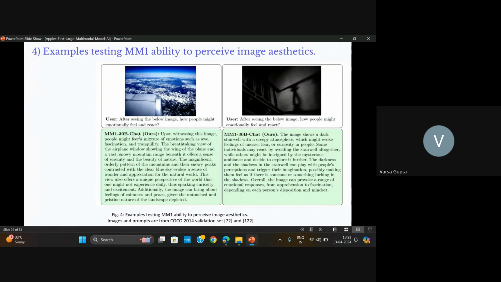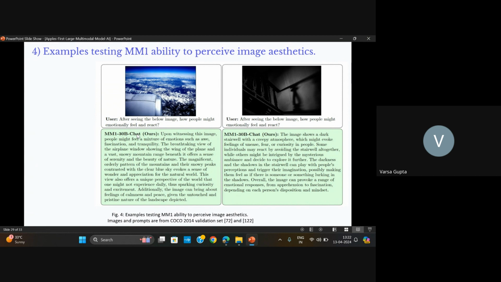MM1 responds, upon witnessing the image, people might feel a mixture of emotions such as fascination and tranquility, at the breathtaking view from the airplane window showing the wing of the plane and a vast snowy mountain range. It offers a sense of scenery. So it is able to perceive the image aesthetic given the text prompt.